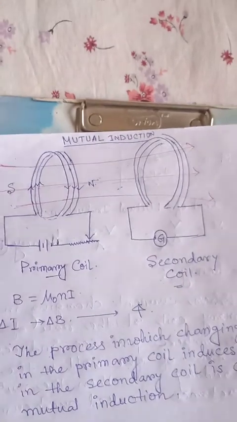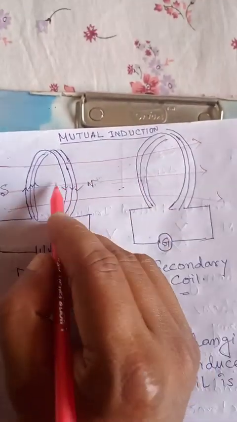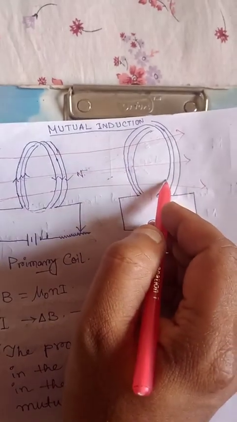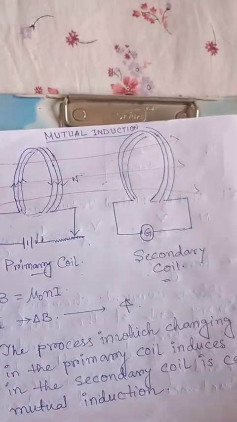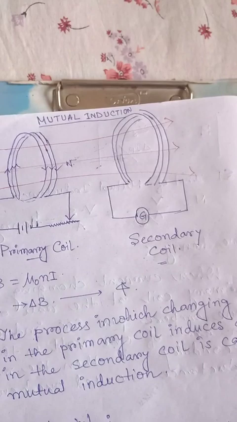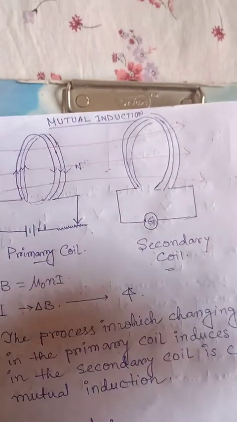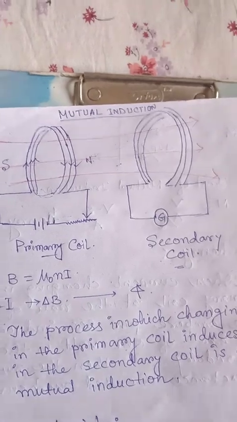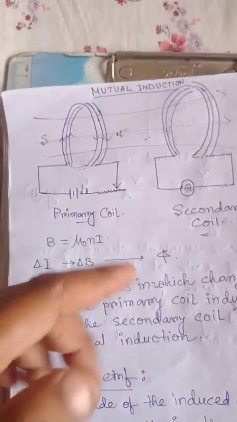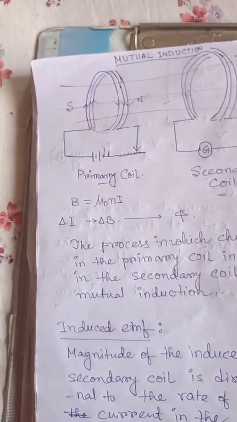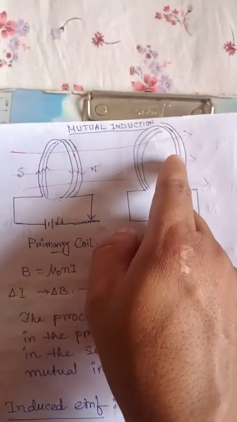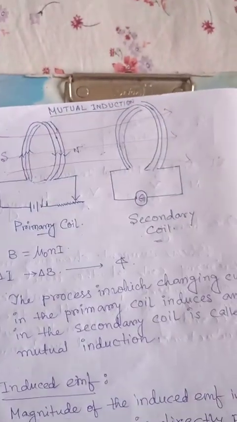These magnetic field lines also pass through the second coil. So if we change the magnetic field lines in the first coil, or primary coil, then using Faraday's law, the magnetic flux will also change in the secondary coil.